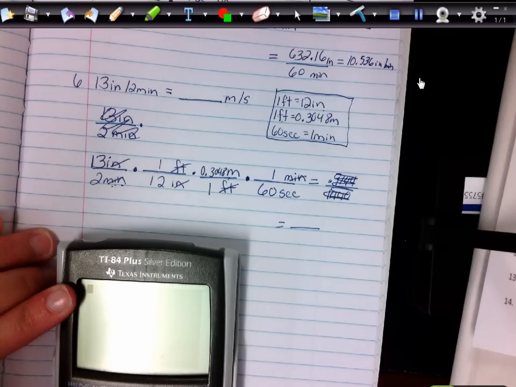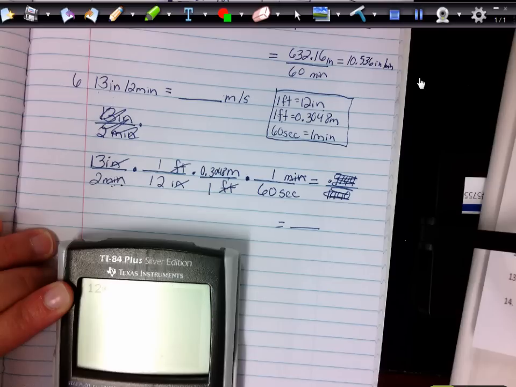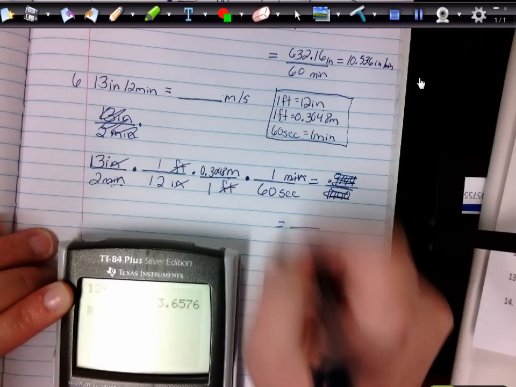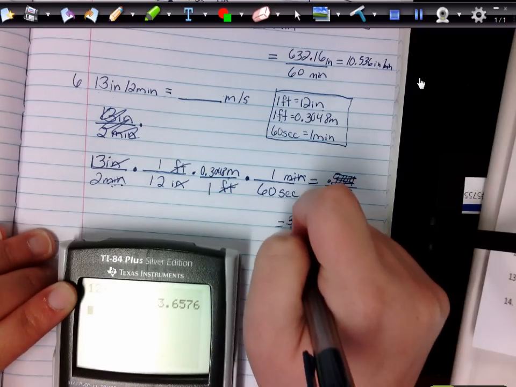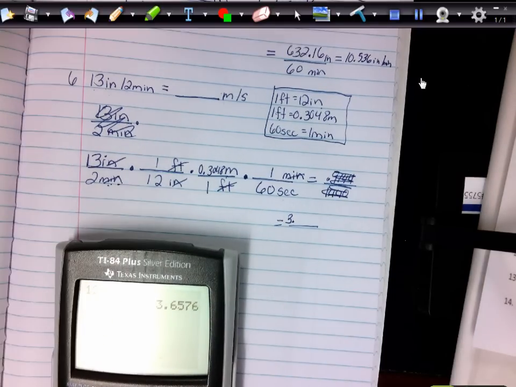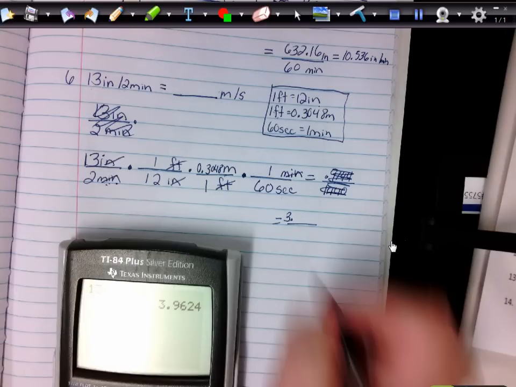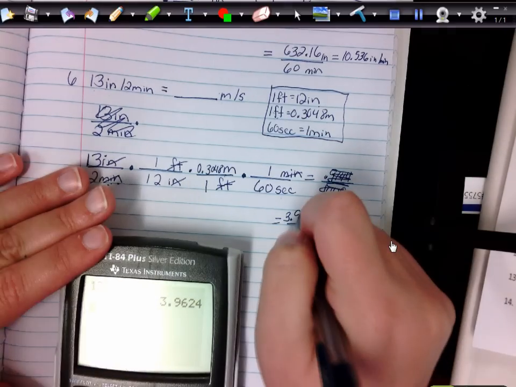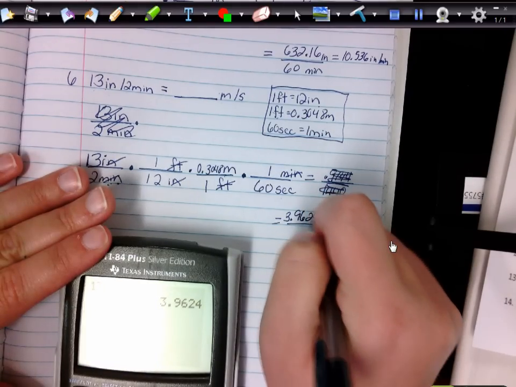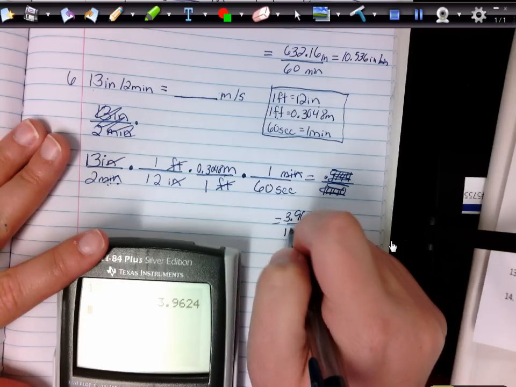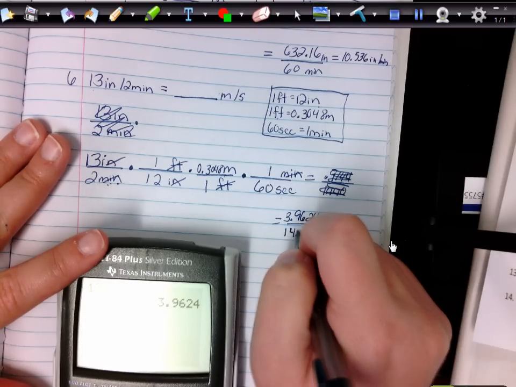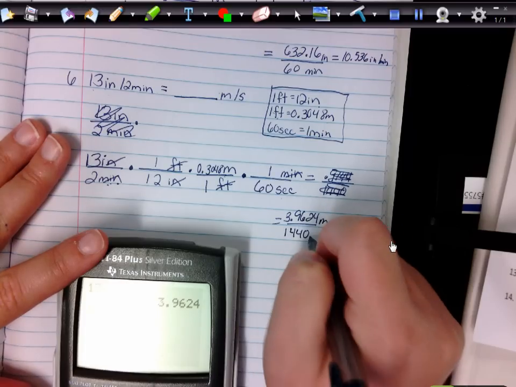I'm going to say 13 times 0.3048, and I get 3.9624 on the top with my meters, and I get 1,440 seconds on the bottom.